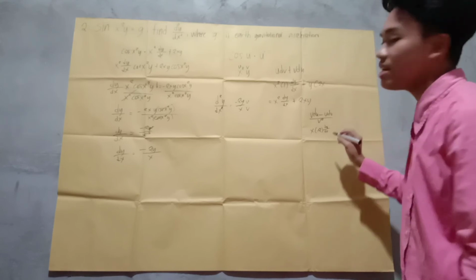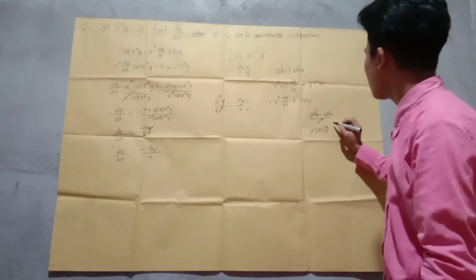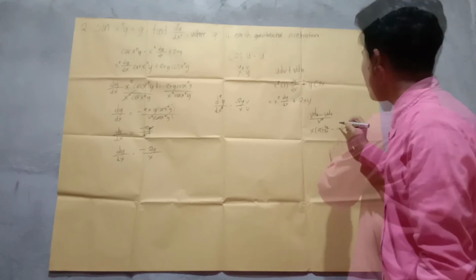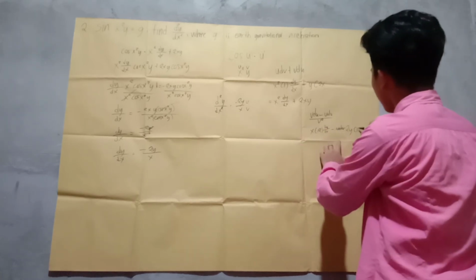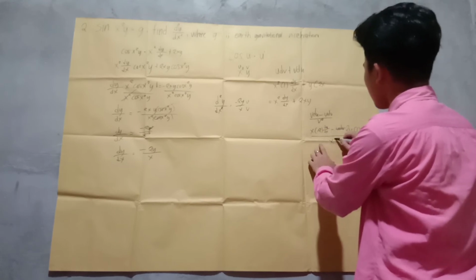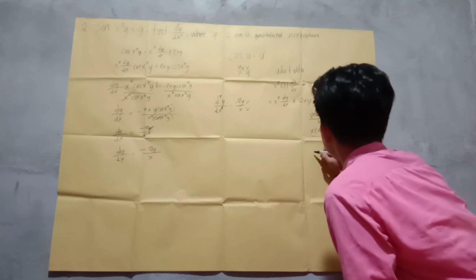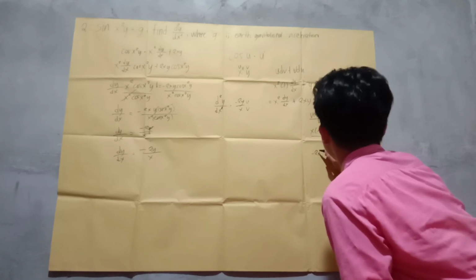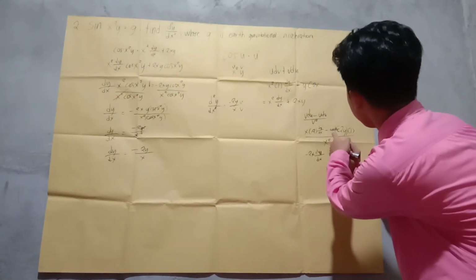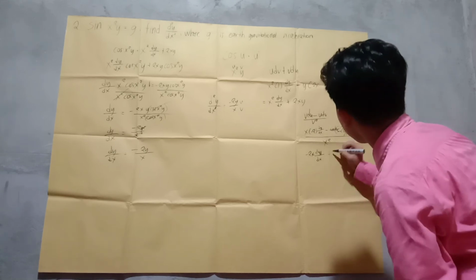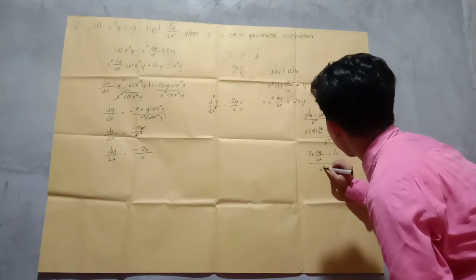I put dy over dx because we derived the u. Minus, then the derivative of v is 1 over x squared. So x times u equals negative 2x dy over dx, and negative times negative equals positive 2y over x squared.